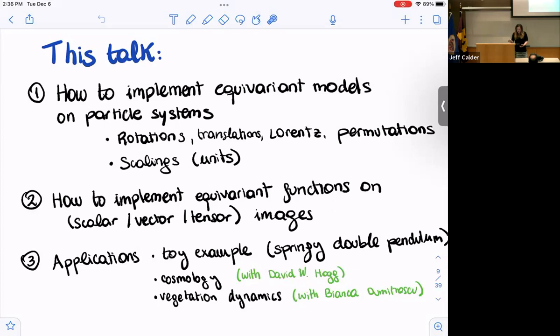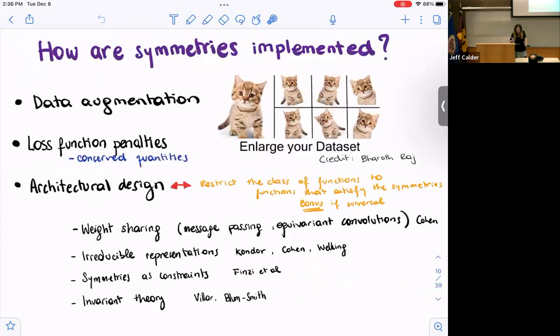And then we are going to show you how to implement equivariant functions on images as well, if I have time. And there are a few applications that I'm working on with collaborators in cosmology and computational biology. That's basically the idea of the talk. And if you have questions or comments, please let me know.